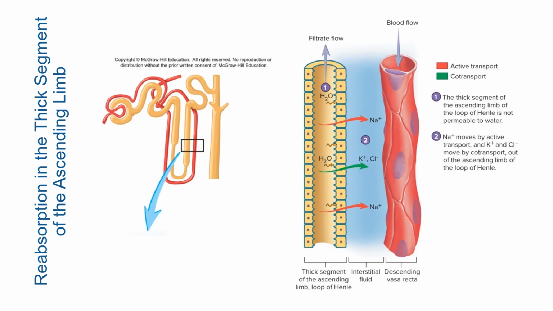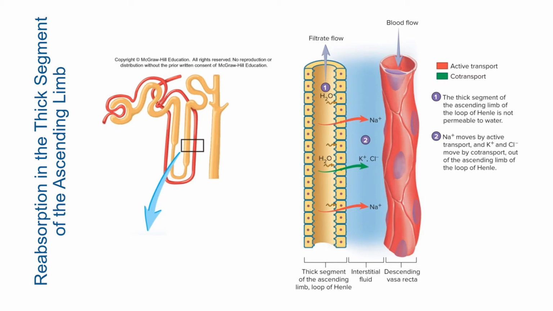So here is the reabsorption in the thick segment of the ascending limb. In here, as you see, you have the red arrows representing the active transport and the green arrow for co-transport. Again, for the co-transport system, it's usually potassium and chloride ions that are being co-transported.